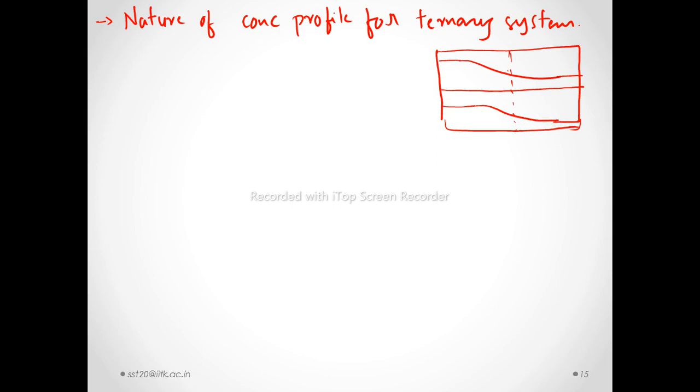Sorry, I had to write in the opposite direction so that it will be balancing.